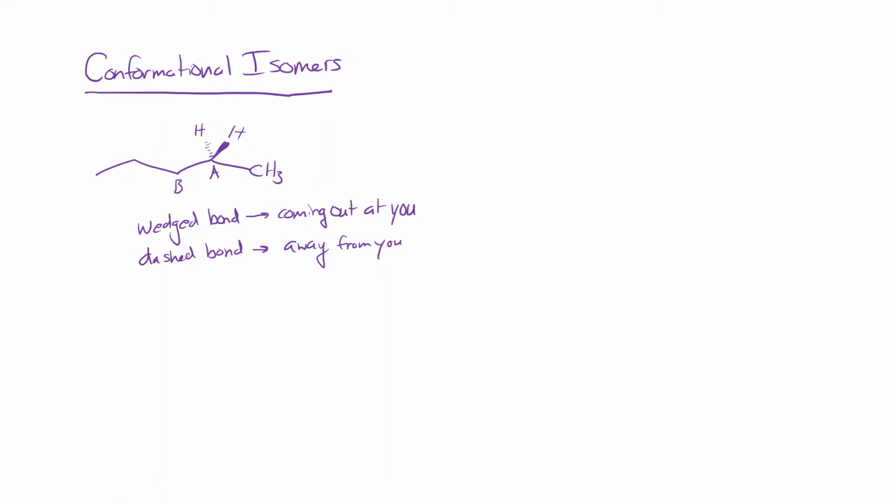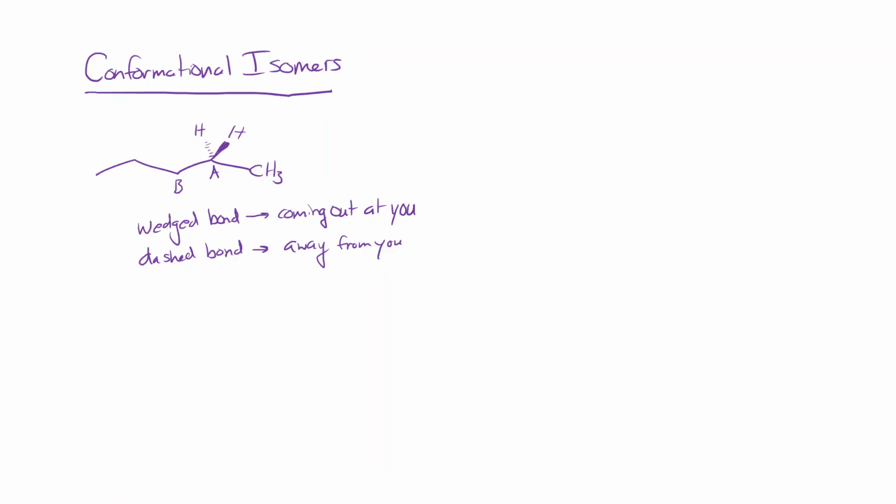But if we draw it that way, you wouldn't be able to see the hydrogens because they'd be overlapping each other. So instead, we draw them slightly off like this. Whether the wedge is on this side and the dash on the other, or the other way around, it's the same thing, because they're aligned exactly. So don't worry about whether your wedge or dash is in the right place. You can switch them and it doesn't really matter.